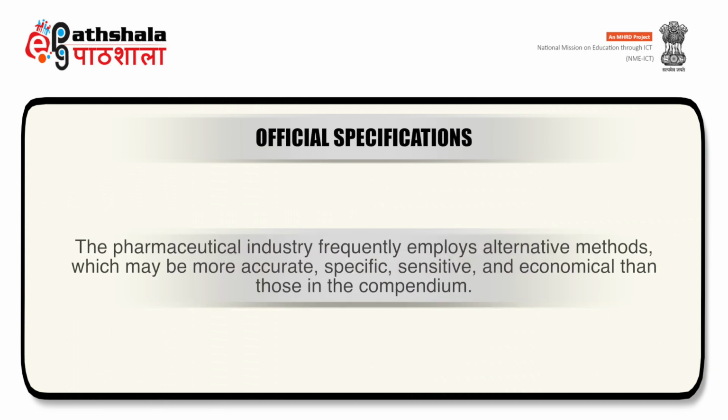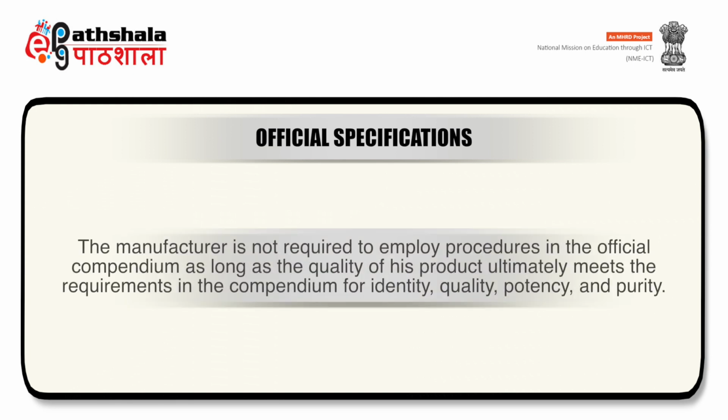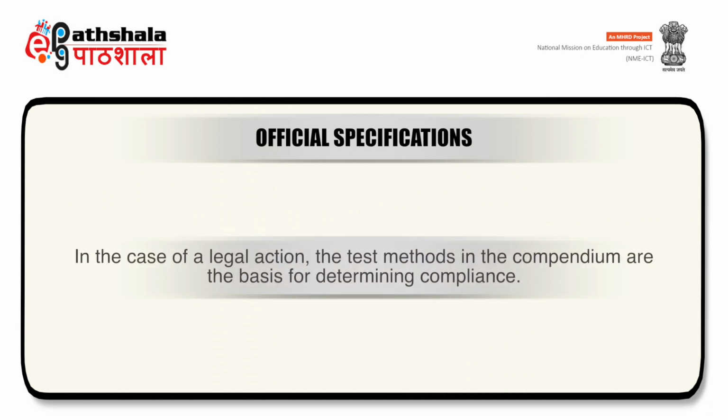The pharmaceutical industry frequently employs alternative methods which may be more accurate, specific, sensitive and economical than those in the compendium. The manufacturer is not required to employ procedures in the official compendium as long as the quality of his product ultimately meets the requirements in the compendium for identity, quality, potency and purity. In the case of a legal action, test methods in the compendium are the basis for determining compliance.